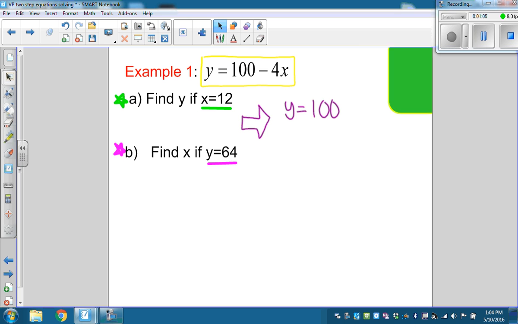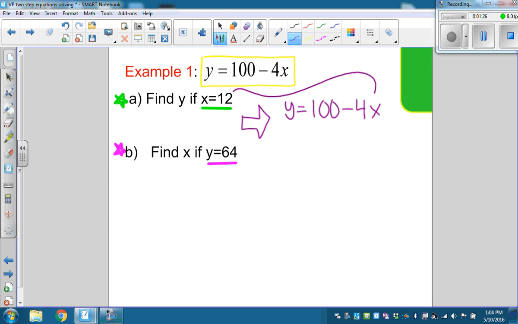And when you do that, then you're going to read the directions, and you're finding y if x is equal to 12. So you're going to take the 12 and you're going to substitute it in here. So before you do that, you have to remember that between the 4 and the x is multiplication. You can put a dot there if that helps you.